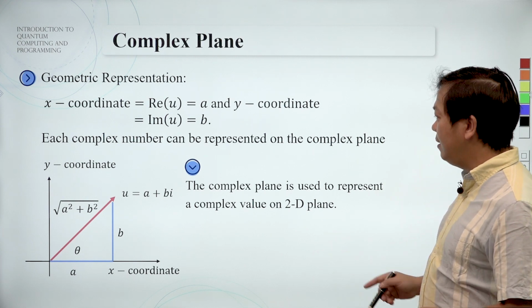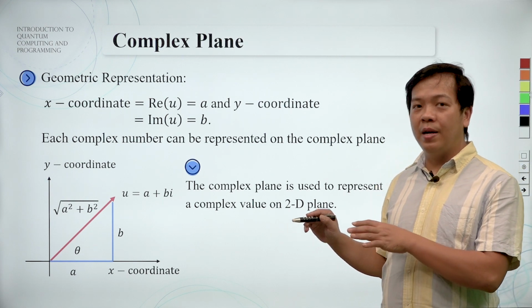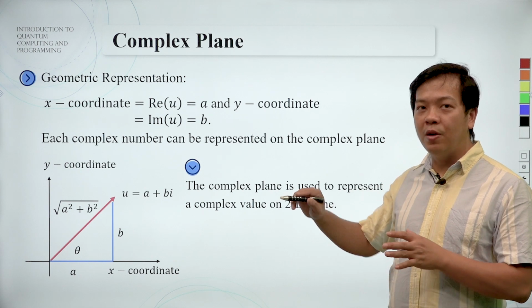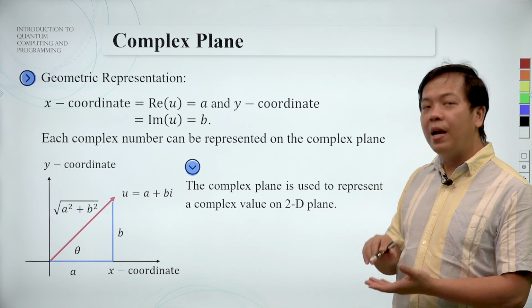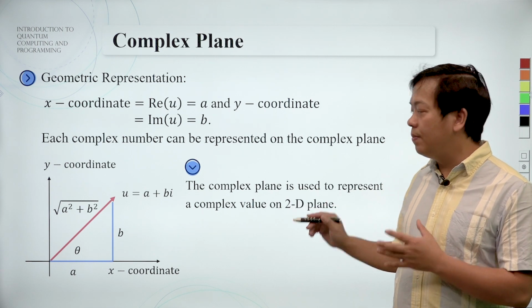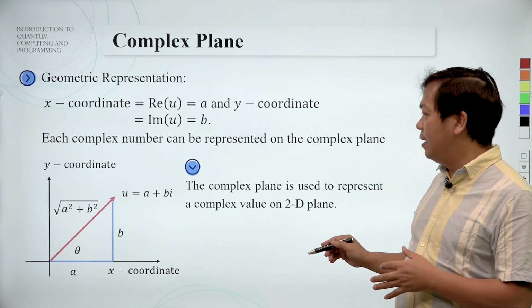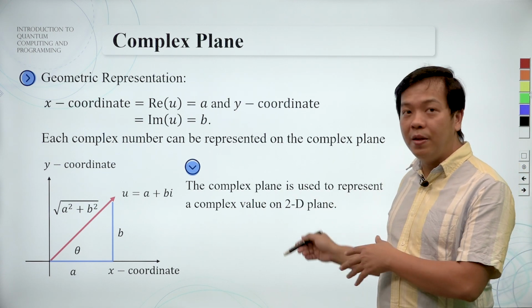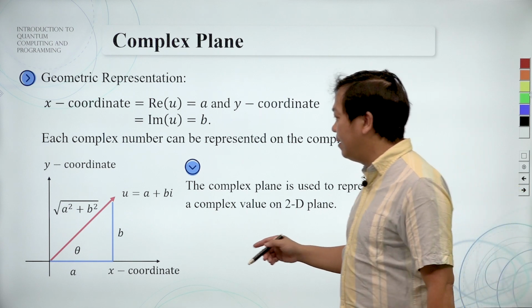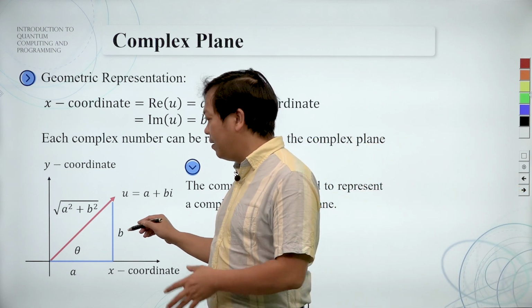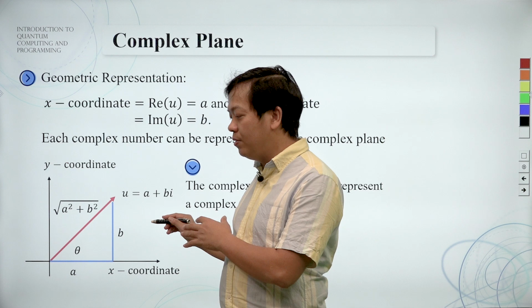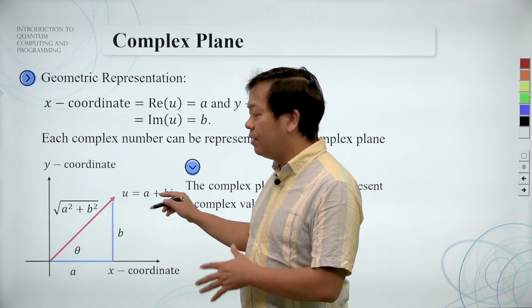Actually, after we have the complex vector and can calculate, we can now represent the complex vector in the complex plane. In the complex plane, we represent the real part and the imaginary part.